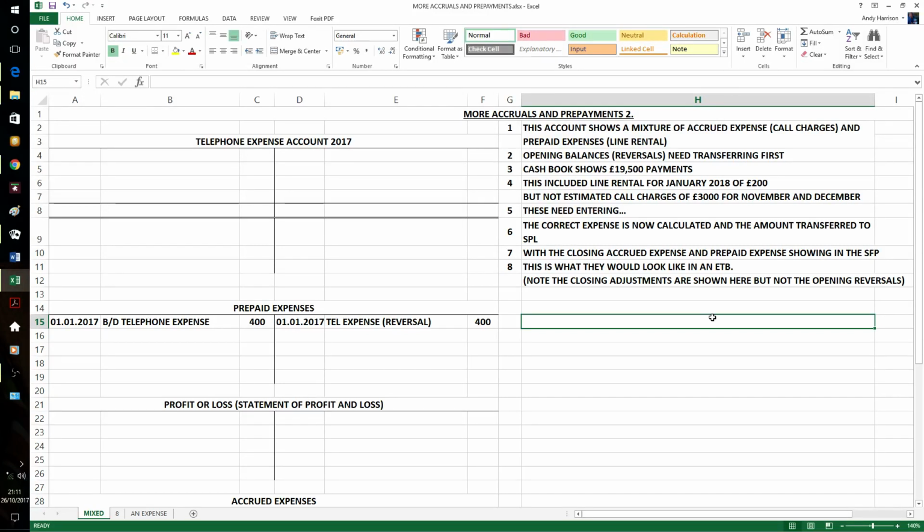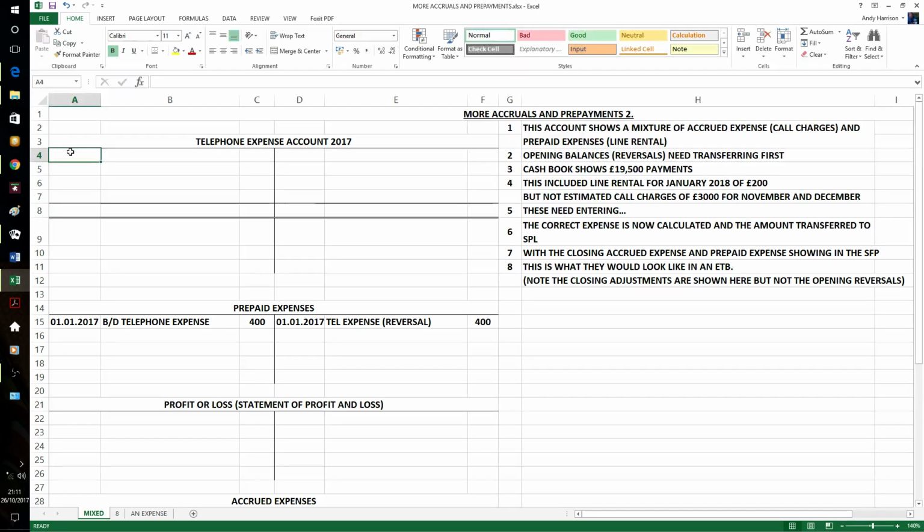So this one we've got a mixture, and what we've actually got, I've left this one in actually, is our first reversal. So we've got a prepaid expense of 400, that presumably is a line rental. I've actually put the one entry in there. So we're putting the 400 back in at the start of the year.